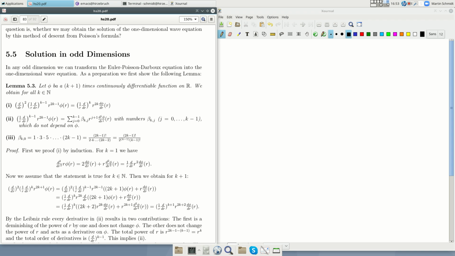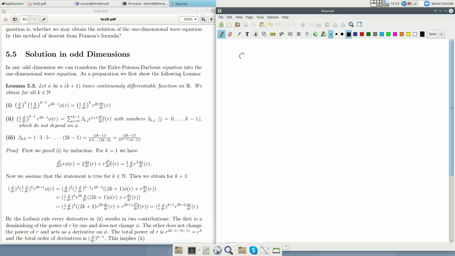For this we need some preparation, namely we need this lemma, and this lemma has three statements. We have such an operator taking derivatives. Here, d by dr squared, and then 1 over r times d by dr to the power of k minus 1, and then r to the 2k minus 1 phi of r.